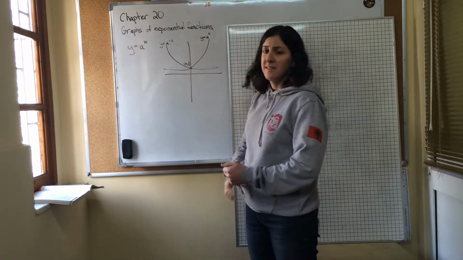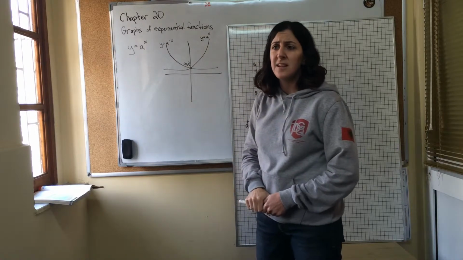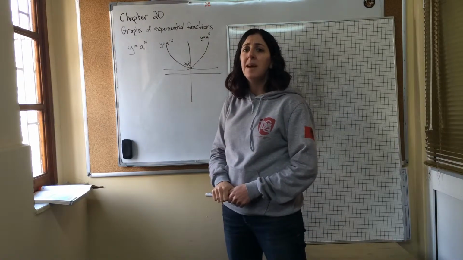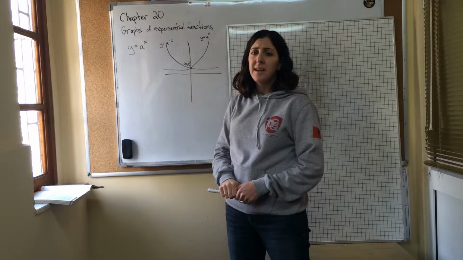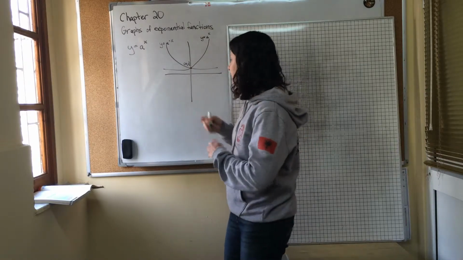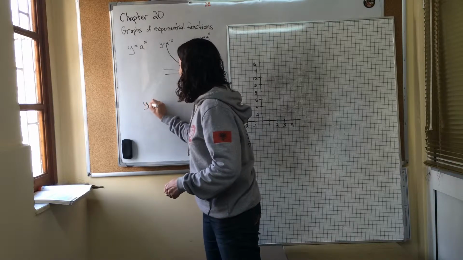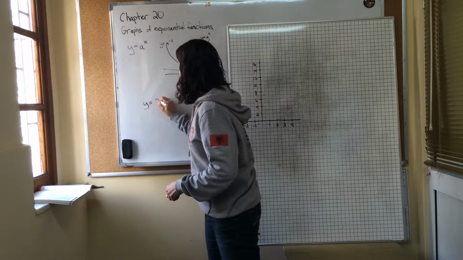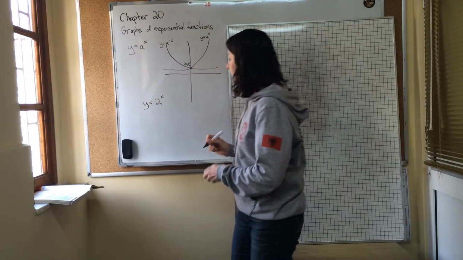So there is no real difference between these and the other equations and functions, because what we want to do is plug in values for x and plot them. So we can look at an example of this. If we look at y equals 2 to the x power.